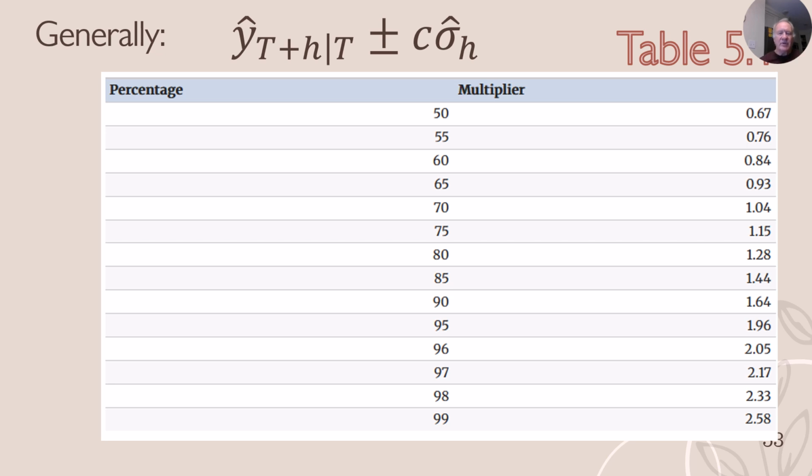The general form is the predicted value plus or minus c times the standard deviation, and for our chosen percentage we can use the multiplier from table 5.1 to come up with our prediction interval.